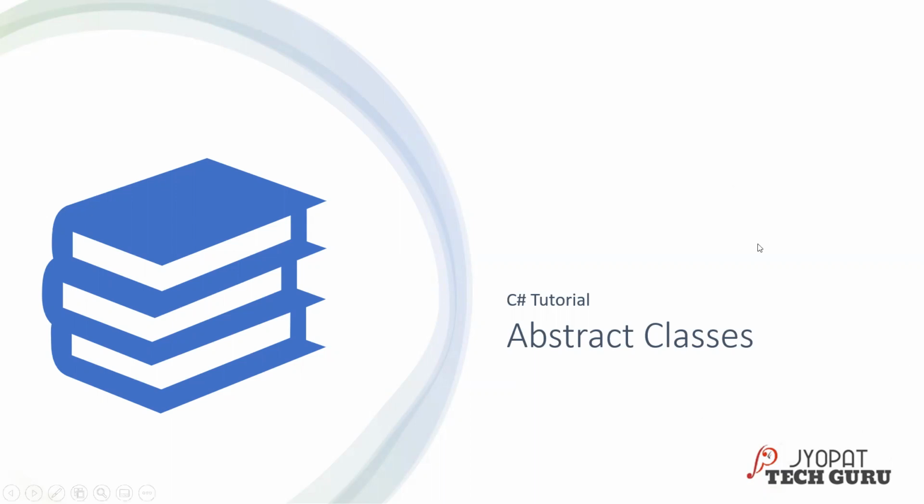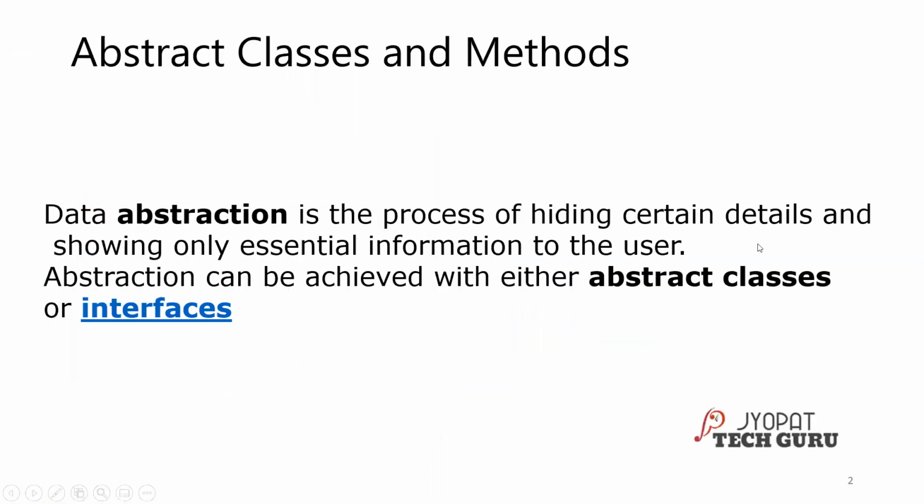Okay. So first of all, let us start the discussion regarding the syntaxes as well as the definitions. So what is an abstract class and what are abstract methods? Data abstraction is the process of hiding certain details and showing only essential information to the user. As per the OOPS concept, we have 4 pillars of OOPS: inheritance, polymorphism, abstraction, and encapsulation.